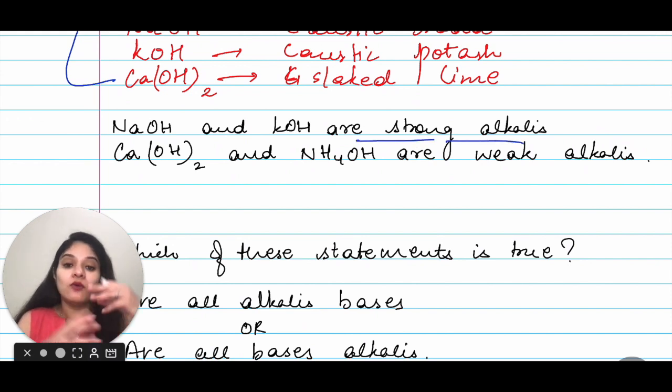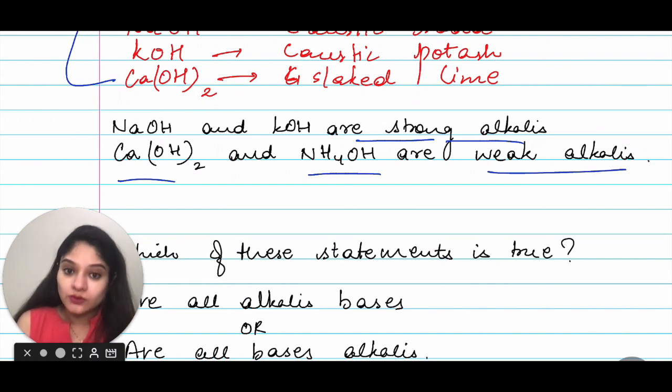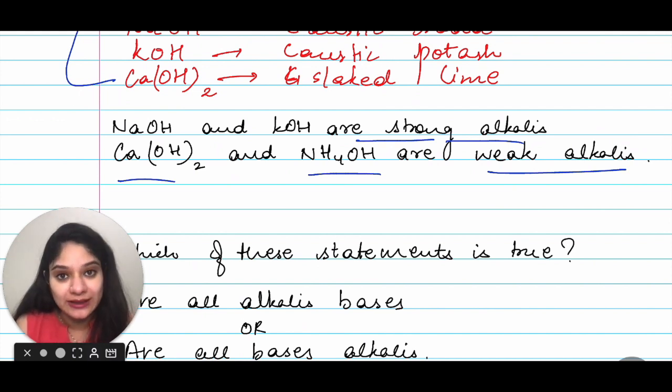That means when dissolved in water they give a high number of OH negative ions, whereas slaked lime and NH4OH, ammonium hydroxide, are weak alkalis. That means when I dissolve these in water, I get a low number of OH negative ions.